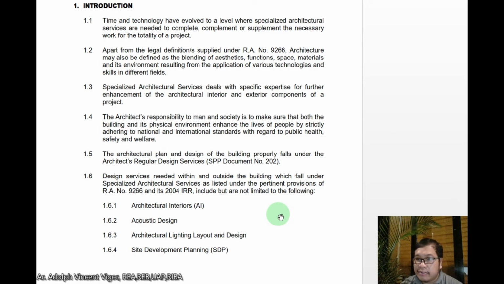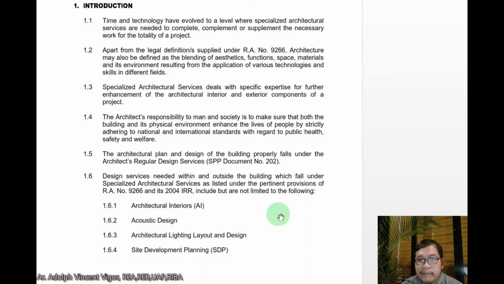So there are international standards as well, class, that we follow. In the Philippines, you have the National Building Code. Outside, there's also an International Building Code. Then you also have the NFPA and other standards as well, which safeguard public health, safety, and welfare.